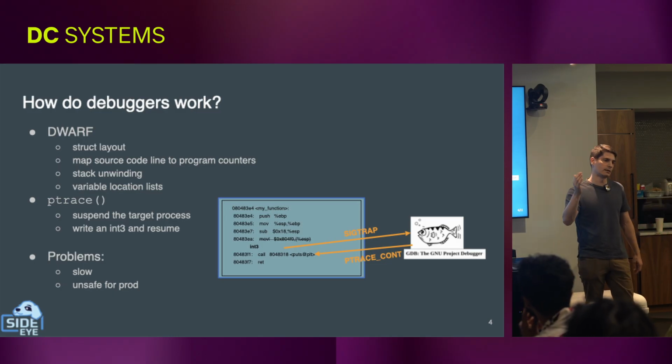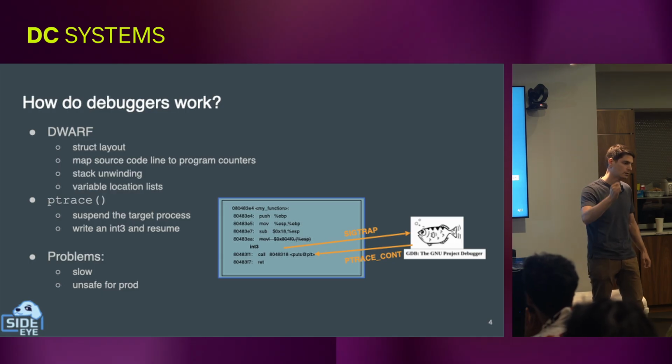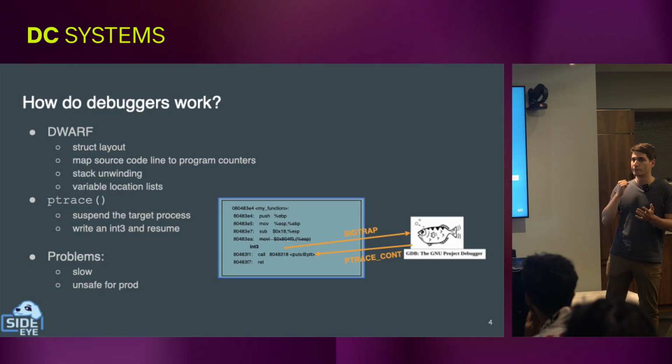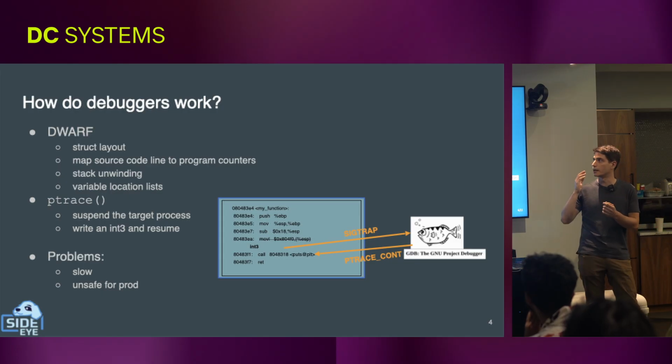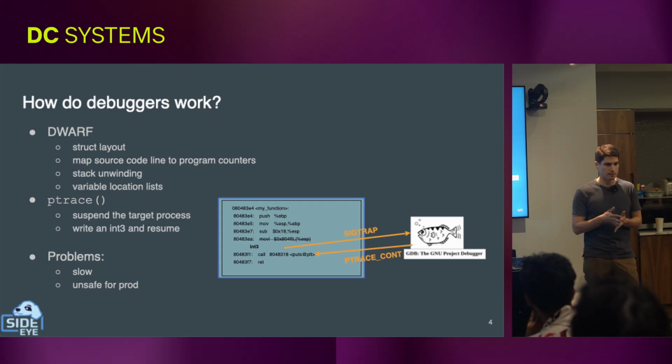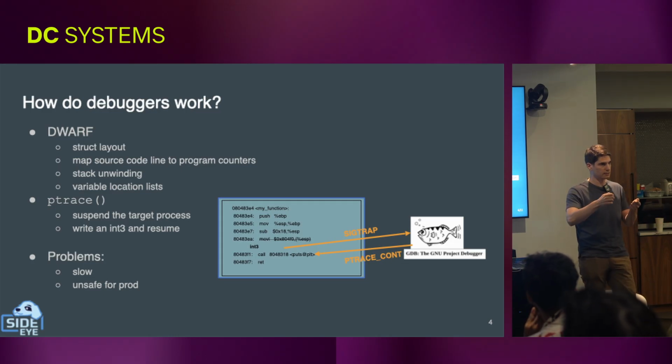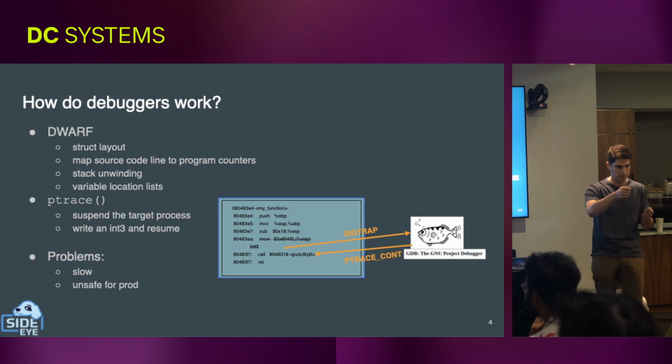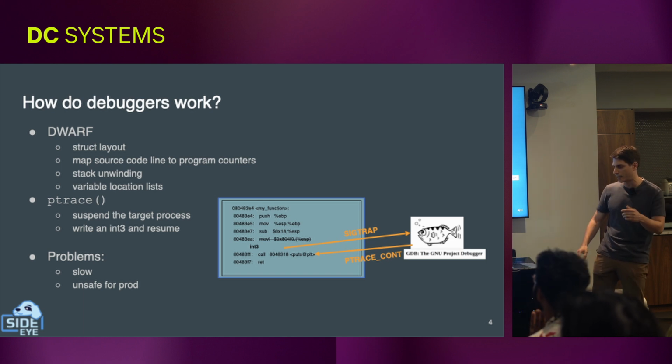DWARF can contain instructions for unwinding the stack from different points in your program. Also very relevant for us, DWARF can contain variable location lists, which describe where in memory you can find variables relative to a line of code where the control flow might currently be at.